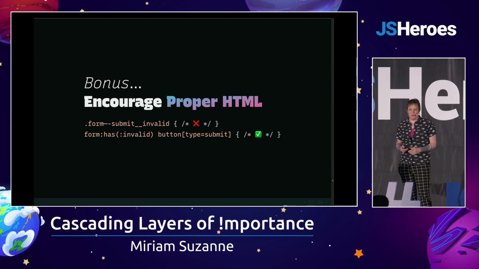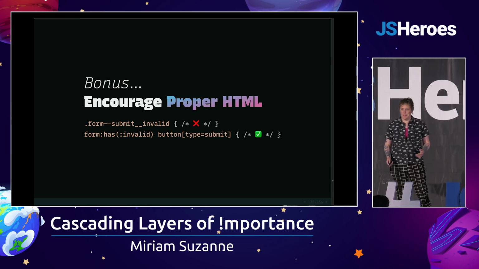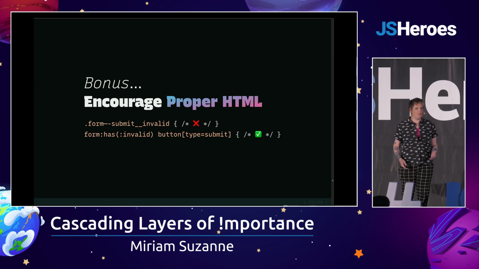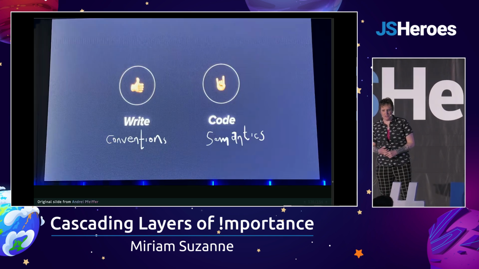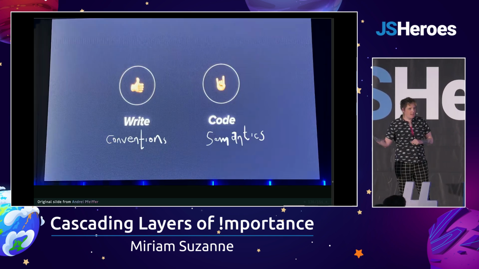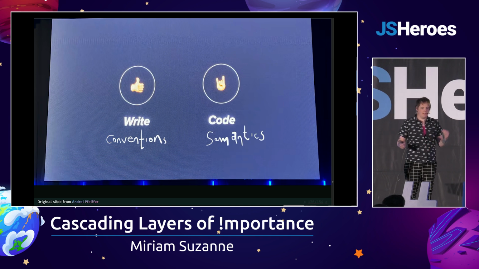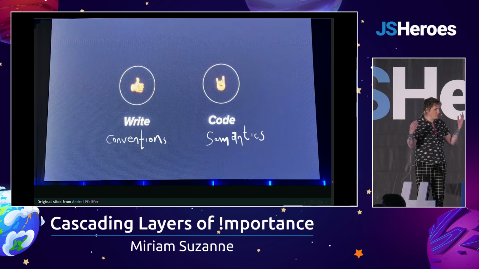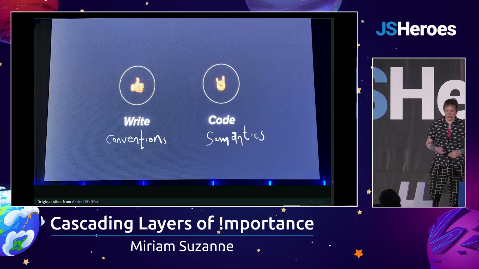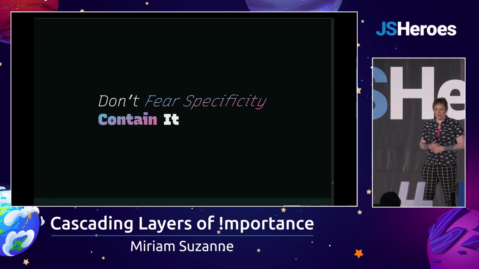We should go back to using them. Don't worry about using the ID selector. It's fine. You're allowed to. Don't worry about using type selectors. It's fine. It's allowed. It's part of the language. It's better to have these things in the code, in the semantics, rather than just written as conventions. It's great to have conventions still, but we don't need to remove all of the semantics to do it.